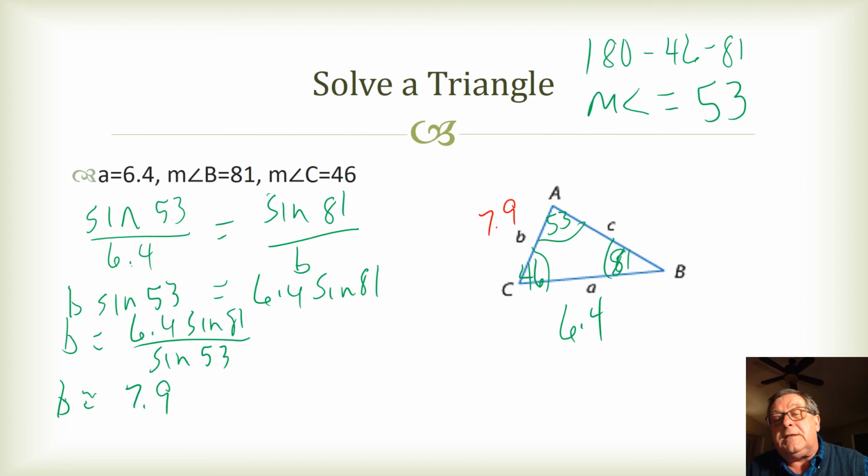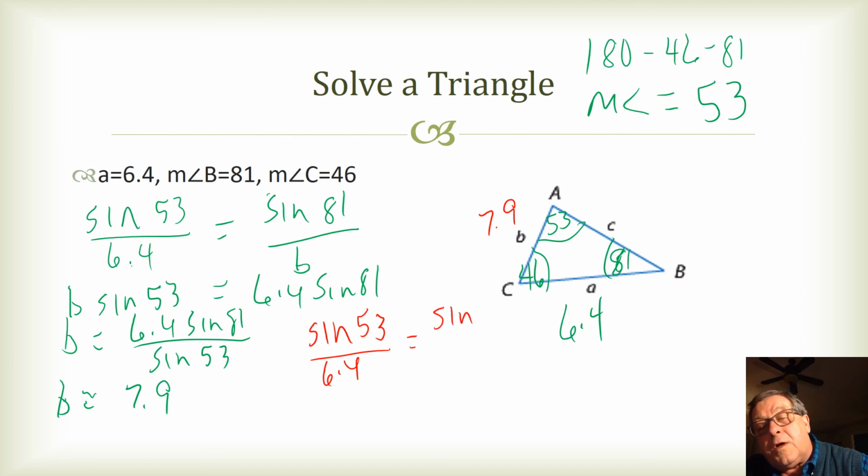Well, we can take this information now and continue to use the law of sines to find the measure of side C. So again, I'm going to set up the sine of 53 over 6.4 equals the sine of 46 over C. And again, we're going to do a little cross multiplication, and when I do, I'm going to have C equal to, I'm going to shortcut this one step because I'm running out of room, 6.4 times the sine of 46 divided by the sine of 53.